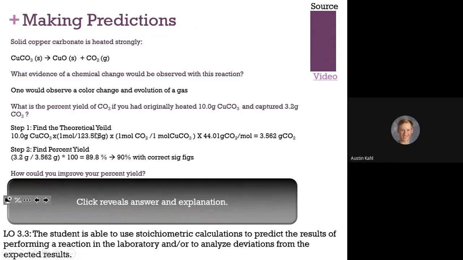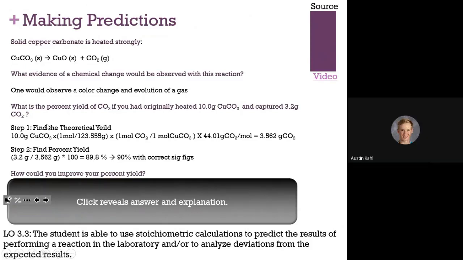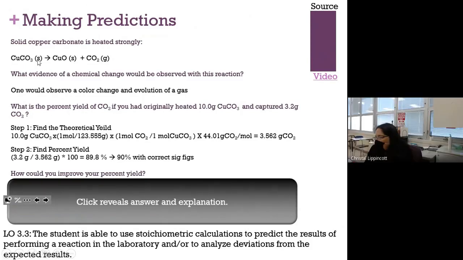Wouldn't it just be the CuO? Which one of these is not like the other? The solid. This is a solid and this is a solid. Remember, solids are not included in the equilibrium constant.